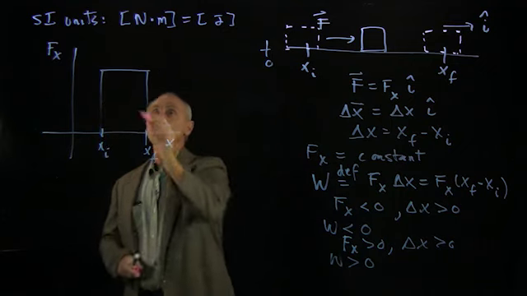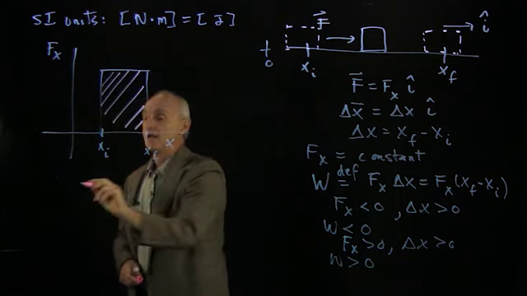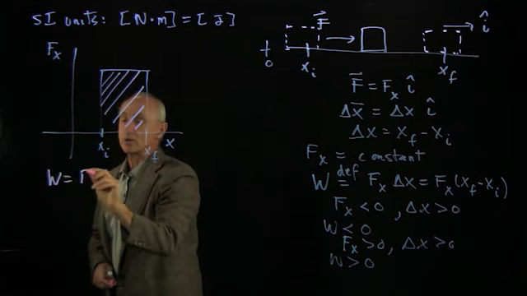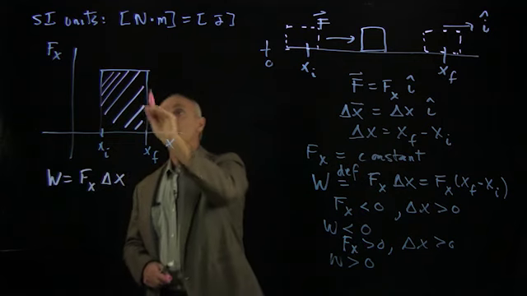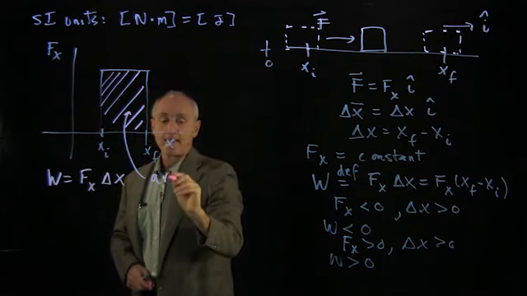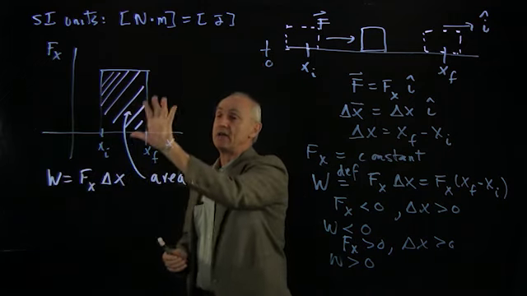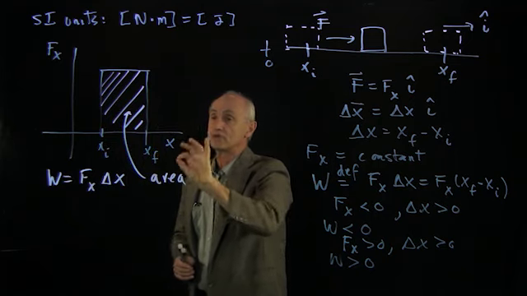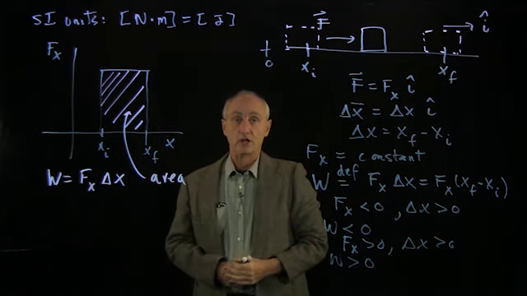So what we see in this diagram here, I'll just shade in this area, is that our work, which was the product of force times the displacement, corresponds to the area here. So we have a geometric interpretation of work as the area under the force versus position graph. And this is our example of work for a constant force.